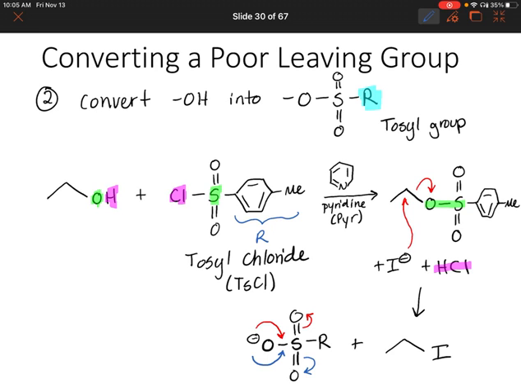So there's 3 different resonance structures there. So this is a very stable leaving group due to resonance.